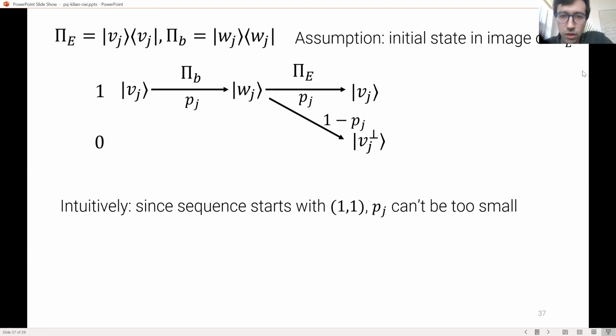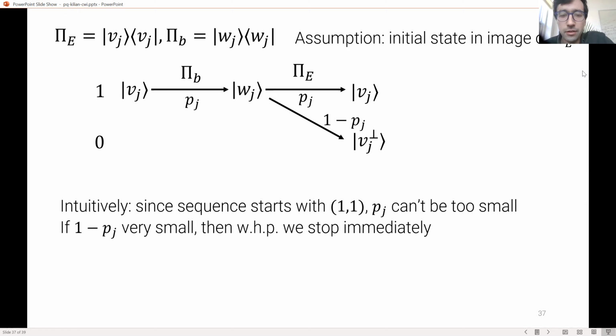If not, then we've transitioned to the 0 part of this diagram. In particular, this does not happen if 1 minus pj is really small. If 1 minus pj is really small, then with very high probability you are going to stay on the top of the diagram and stop immediately.